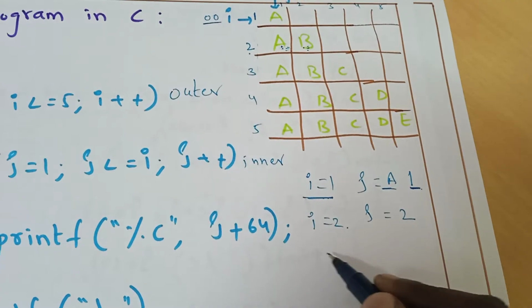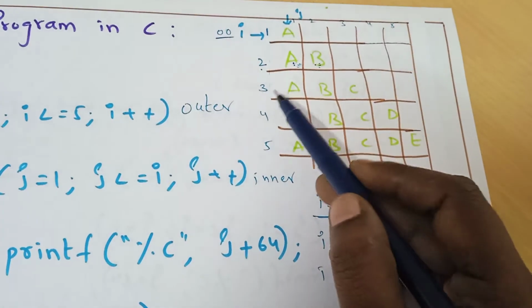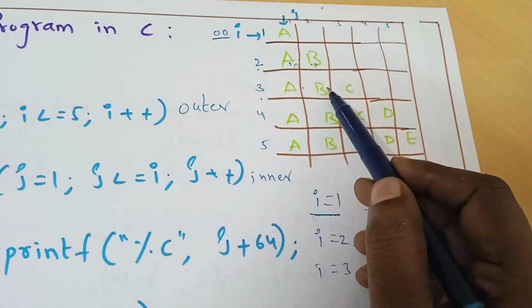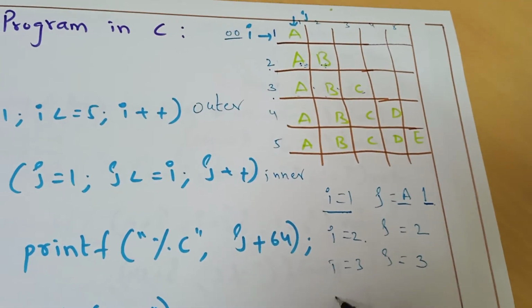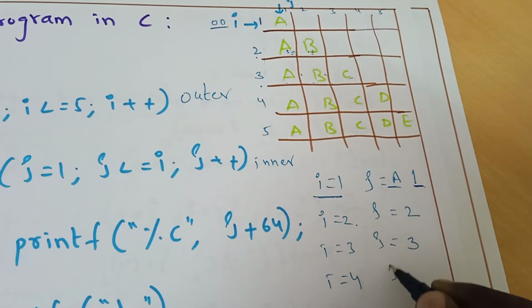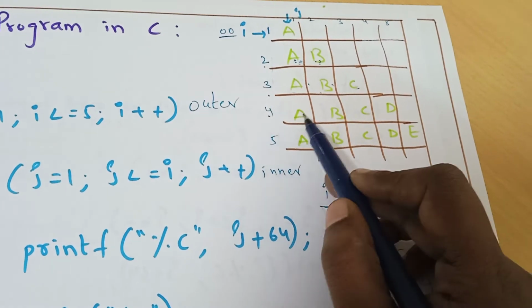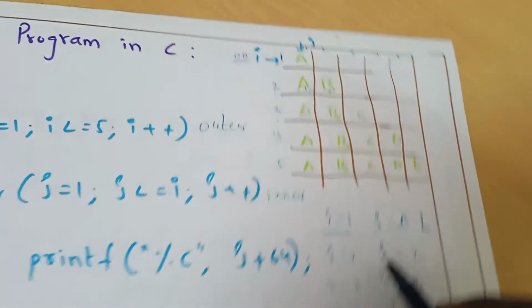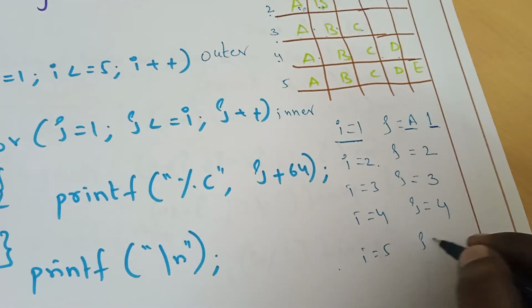When I value is 3, we want to print 3 values. When I value is 4, we want to print 4 values. When I value is 5, we want to print 5 values.